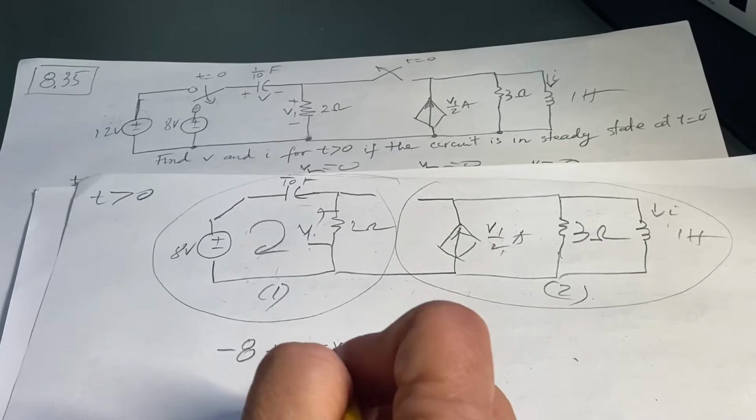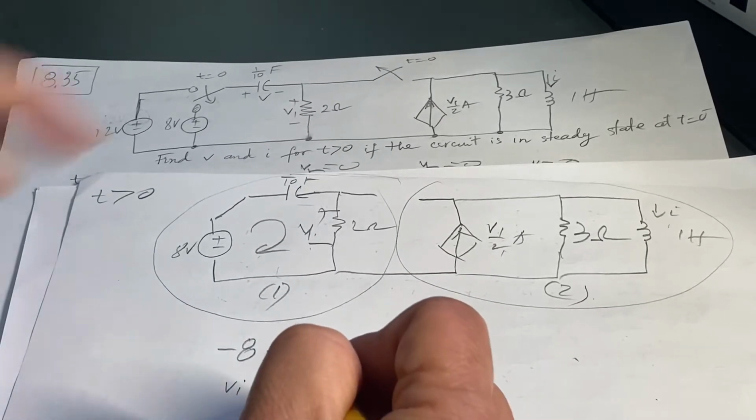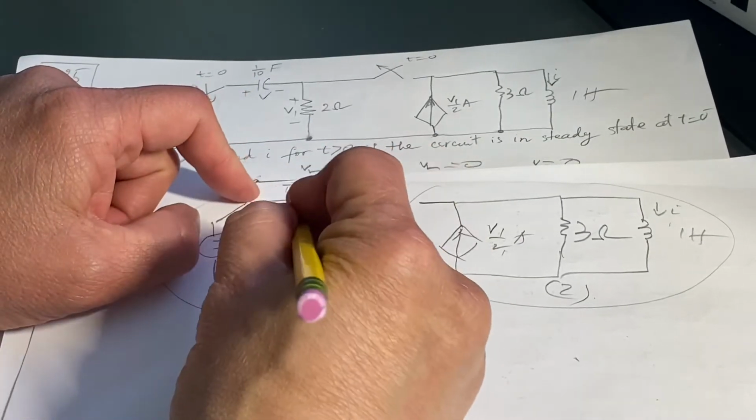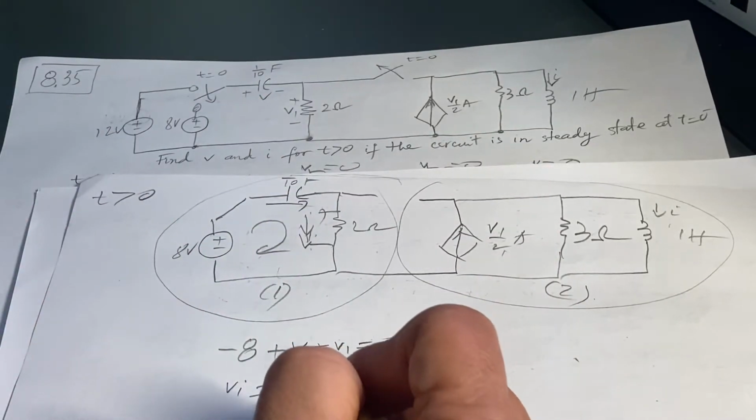But V1 equals 2 ohm times the current. Current I goes to here and goes down here, so 2I.